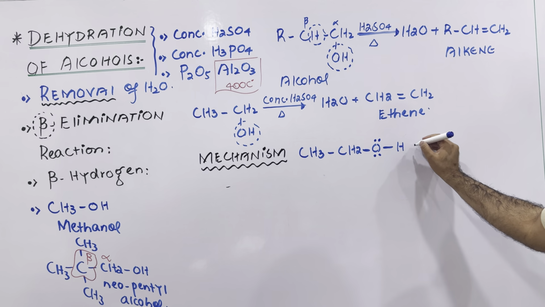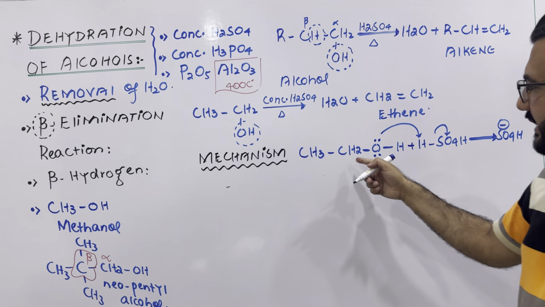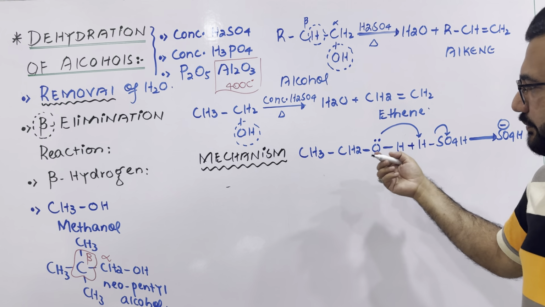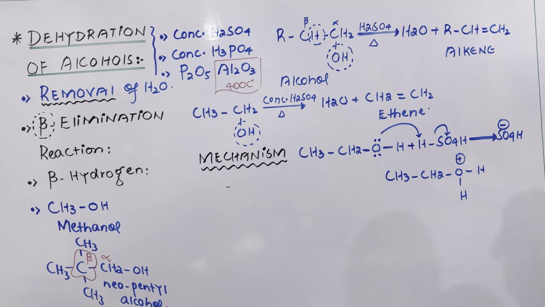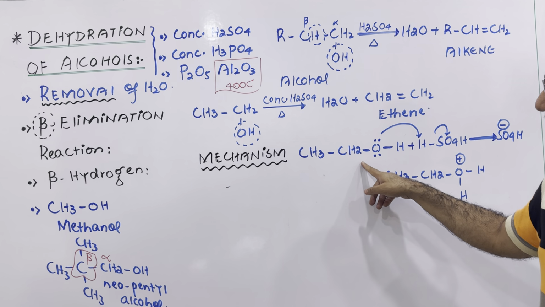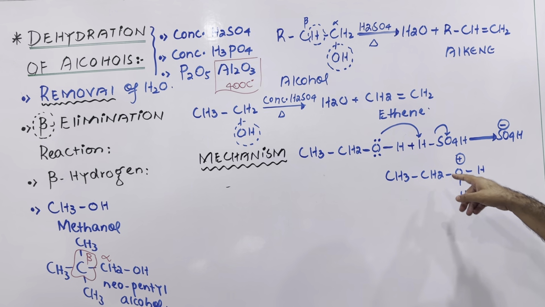As a result, you will get SO4H negative, that will be the conjugate base, and this alcohol will be protonated, and you will get oxonium ion. Oxonium is the cation in which oxygen carries the positive charge. So after the protonation of this ethanol, you will get the oxonium ion.